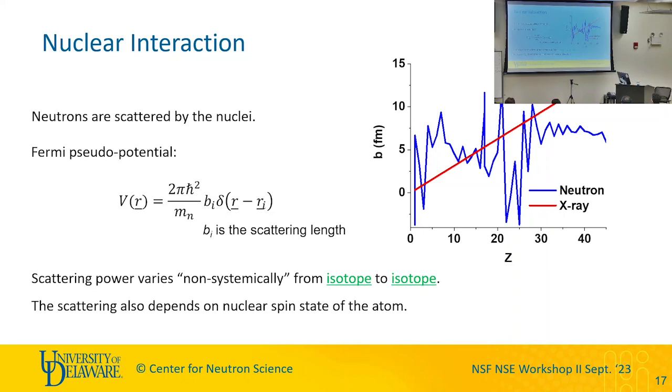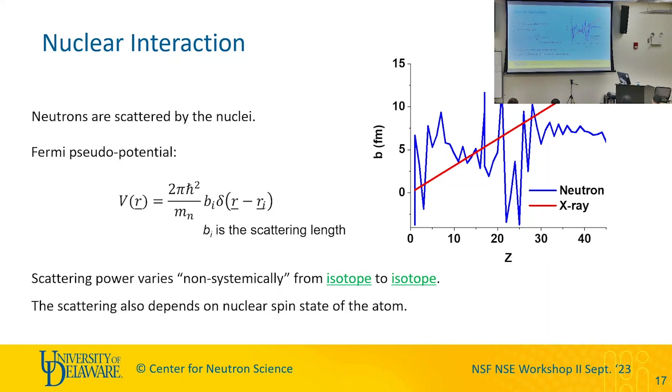I notice some of you seem to have favorite organic molecules, and molecules you work with, but think of your favorite atom, and here's the atomic number Z. For X-rays, because it's electrons, the scattering goes up linearly with Z. So heavy atoms scatter X-rays, light atoms don't, because they don't have many electrons. But for neutrons, it's all over the map. It's an inherent quantum mechanical effect, and so it's not trivial.